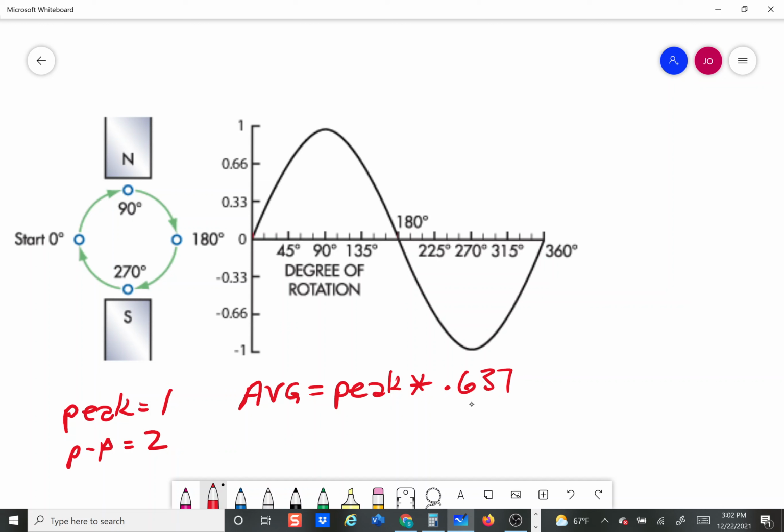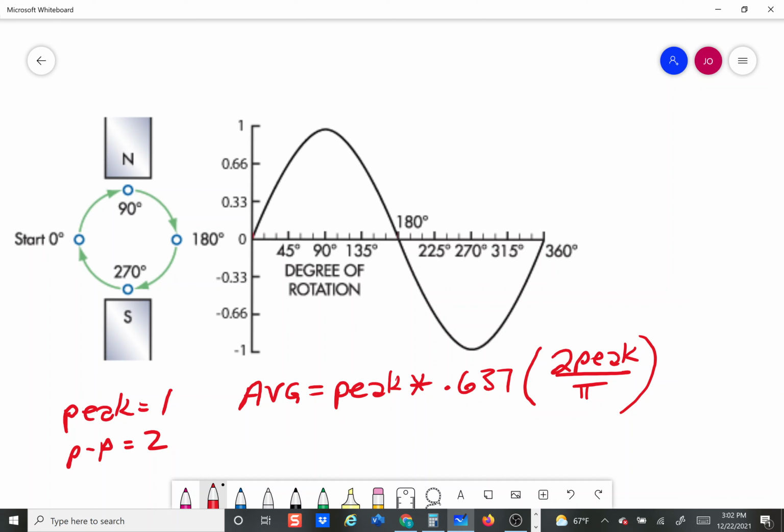The way that I like to do this, I usually don't use the 0.637 value. The other way to do this is called 2 peak divided by pi. You have a pi button on your calculator. If you just take the 2 and divide it by pi and hit equal, you'll get the 0.637 value. Then you just multiply it by the peak.